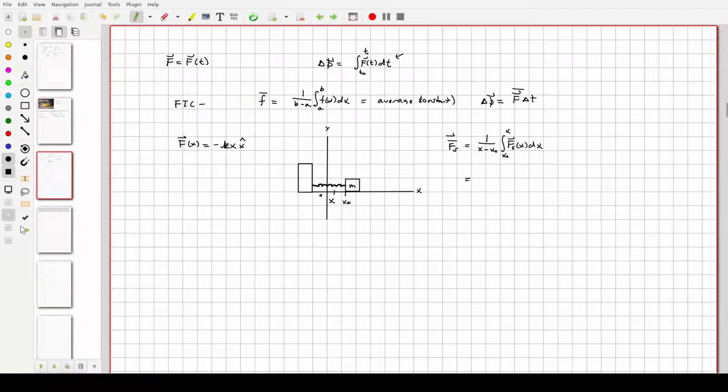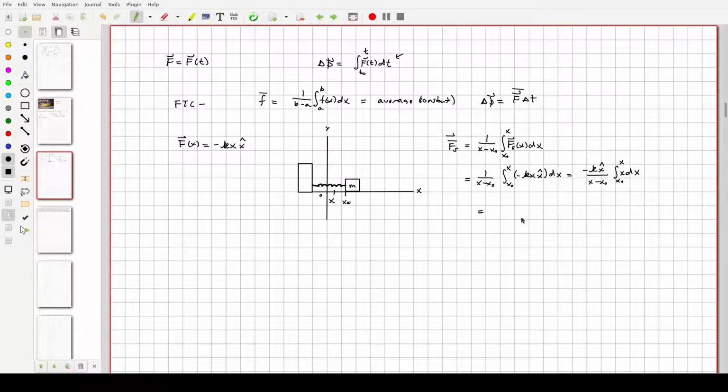So if you plug that in here, this is what we'd be integrating. We pull out the minus k x hat because those are constants, and you're integrating x dx, which we've done many times.